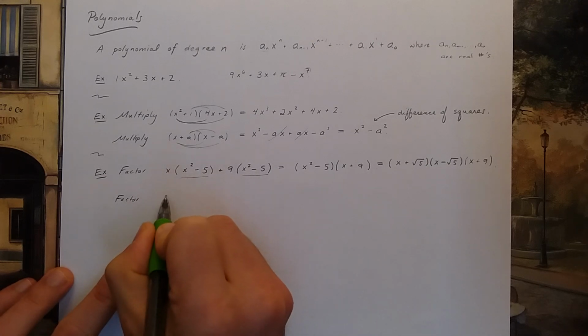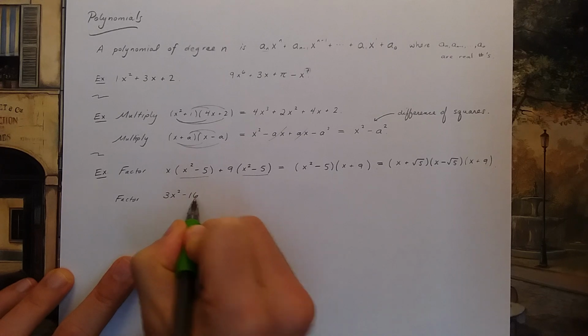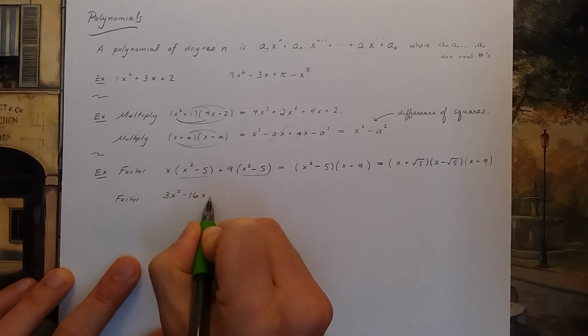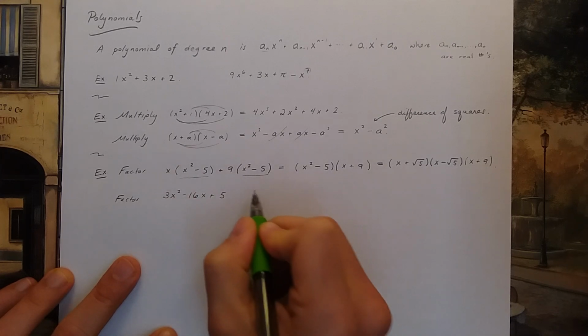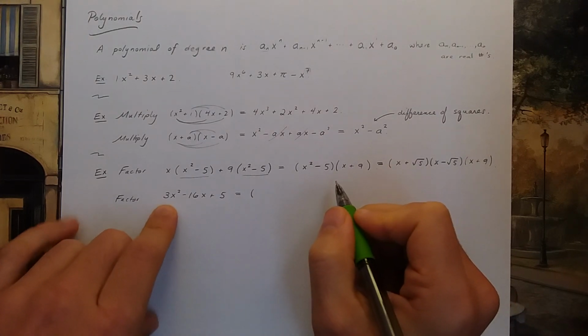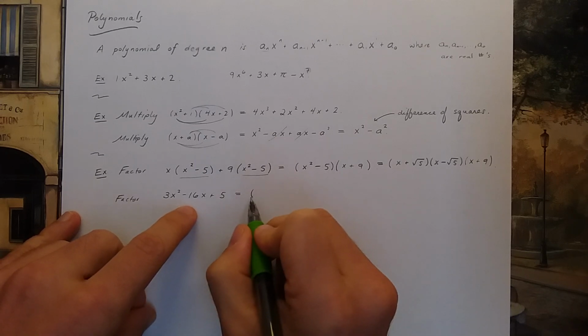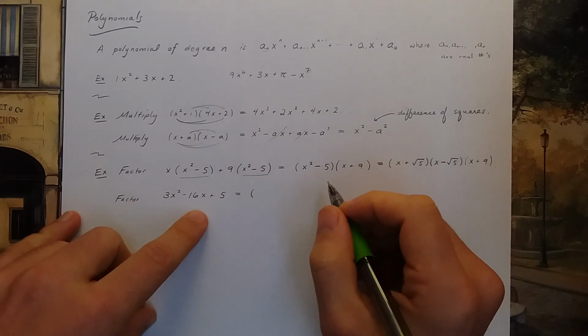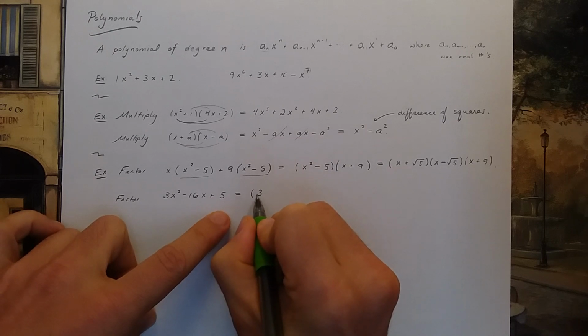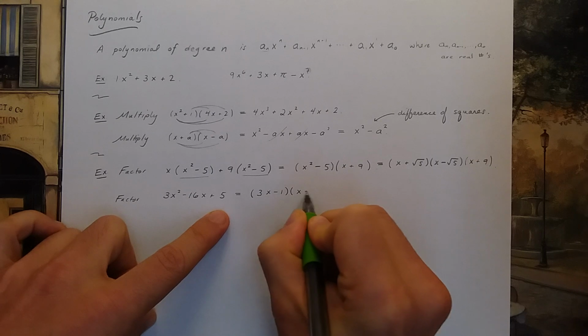How about factor 3x squared minus 16x plus 5. Now, if you factor this, I'm just going to skip ahead and show you what the answer is and then discuss how to get it. So I'm going to say that this is 3x minus 1 times x minus 5.